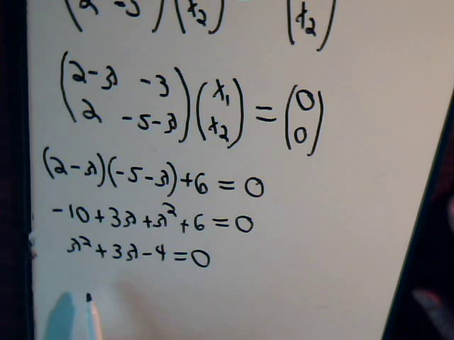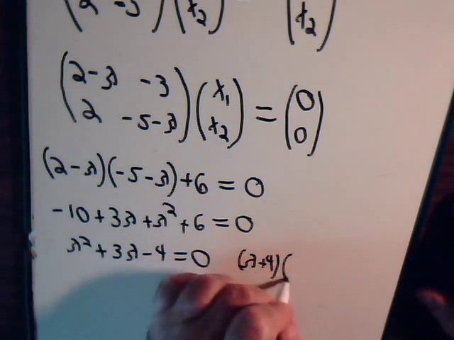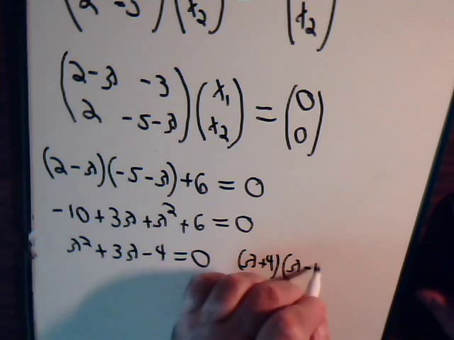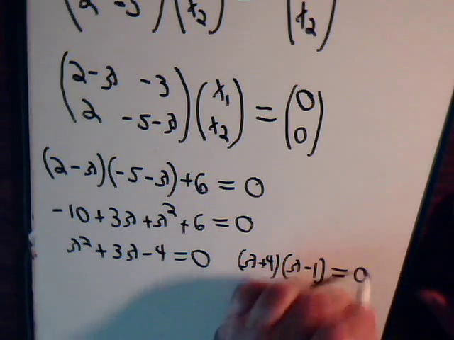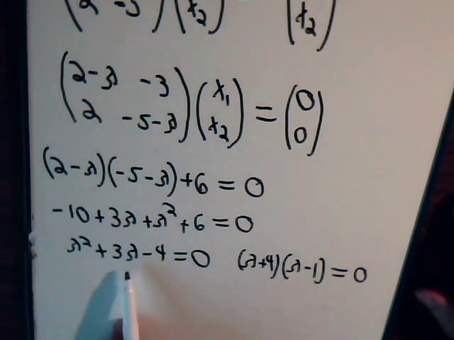Two numbers multiplied together have to give us negative 4, and added together have to be plus 3. What if it was (lambda plus 4) times (lambda minus 1)? Does that work? Lambda squared plus 4 lambda minus lambda is plus 3 lambda minus 4 equals 0.